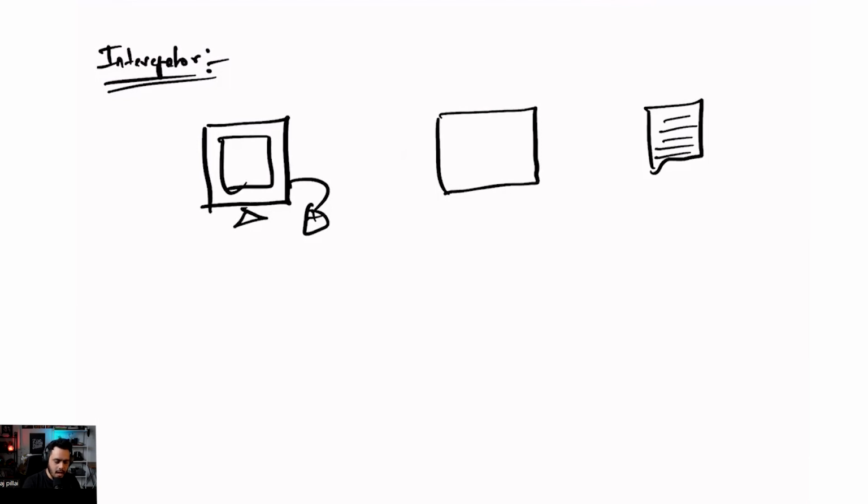This is our computer. This is our translator. This is any programming language. Now this translator is interpreter chacha.